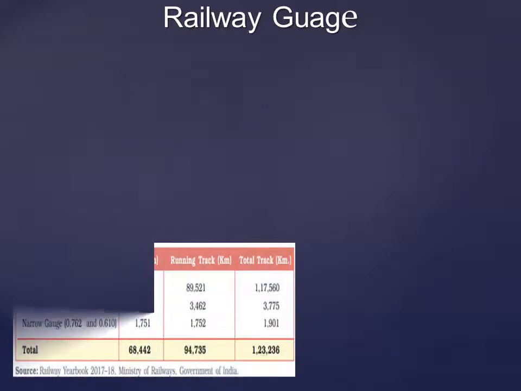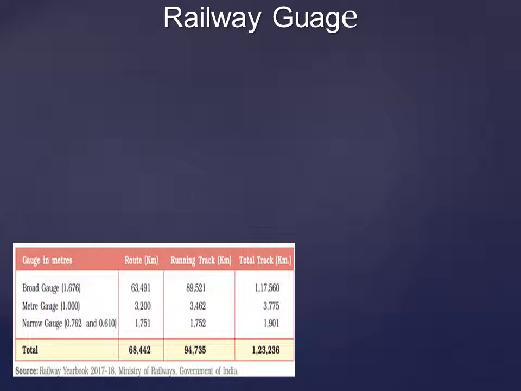Now, let us see about railway gauge. There are three types of railway tracks laid, and accordingly the size of the train also differs.